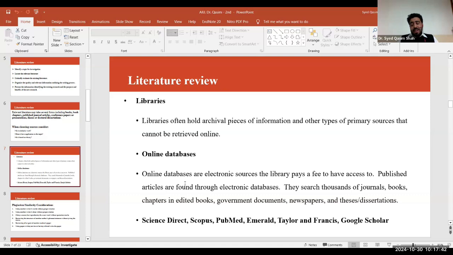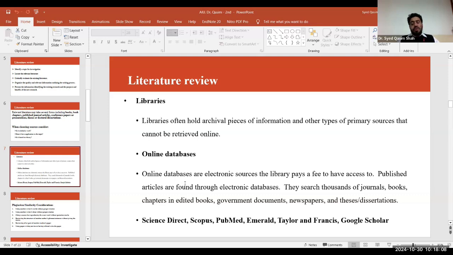Emerald, once again, a large database that has a lot of research available over there. Taylor and Francis, again, a big database. Obviously for all these databases, Science Direct, Scopus, PubMed, Emerald, and Taylor and Francis, we pay a certain subscription fee.